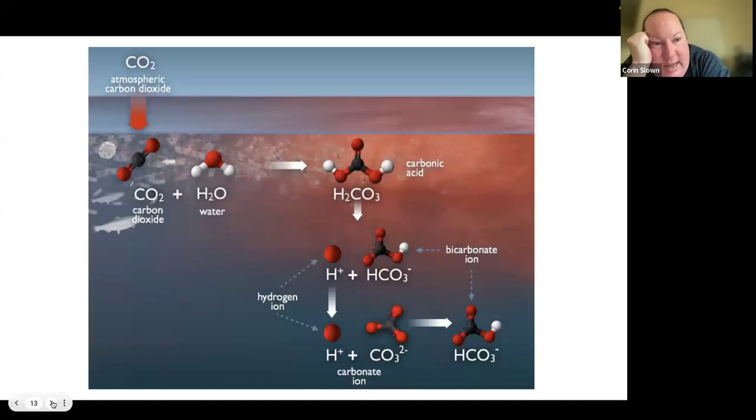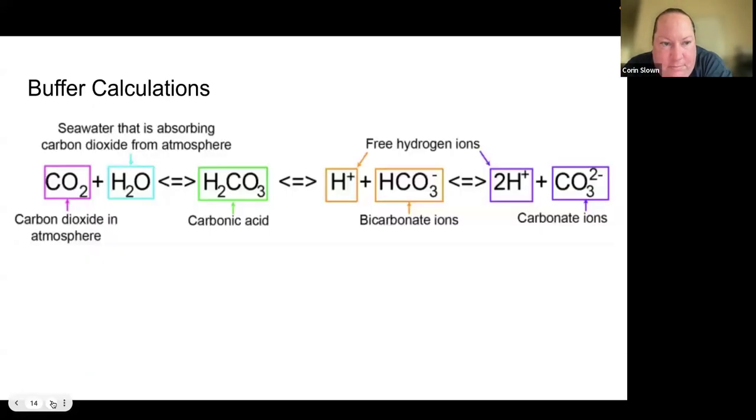So here's a different visual representation of the carbon dioxide in the atmosphere and the ball and stick drawings associated with dissolved CO2 and water, and then the carbonic acid that's formed, and then the transfer or the exchange of hydrogen ions between carbonic acid, bicarbonate, and the carbonate ion. So you're going to notice that there are multiple ways that you can make bicarbonate. And that's going to be a key piece of information.